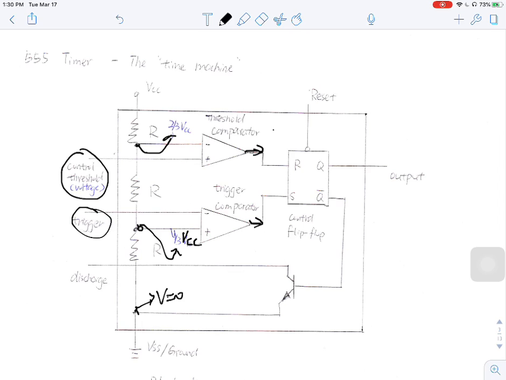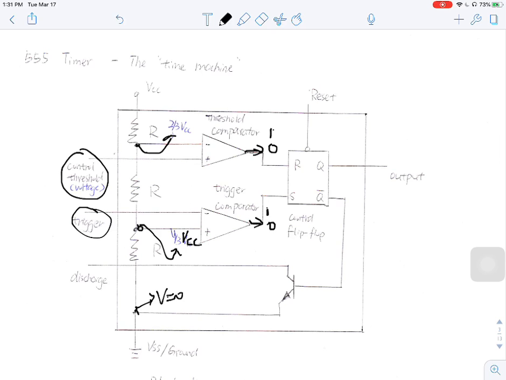Either 1 or 0. It's a logic output, high or low. That high or low information goes into this flip-flop. A flip-flop is a sequential logic component to do logic calculation.